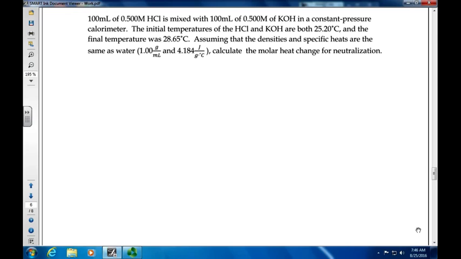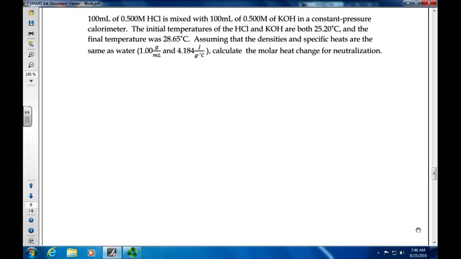The initial temperatures of the hydrochloric acid and the potassium hydroxide are both 25.2 degrees Celsius, and the final temperature was 28.65 degrees Celsius. Assuming that the densities and the specific heats are the same as the water, which is 1 gram per milliliter and 4.184 joules per gram degrees C, calculate the molar heat change of neutralization.